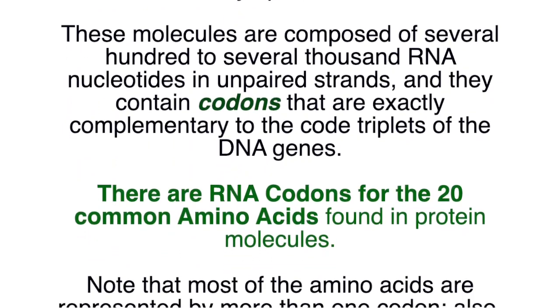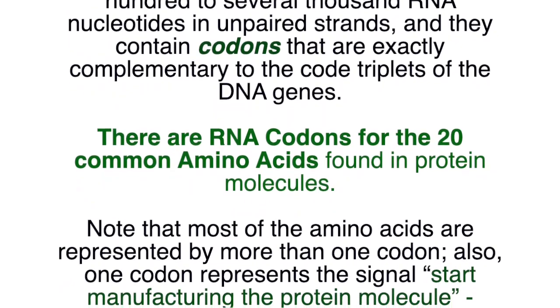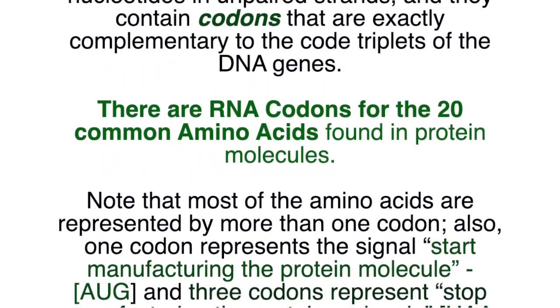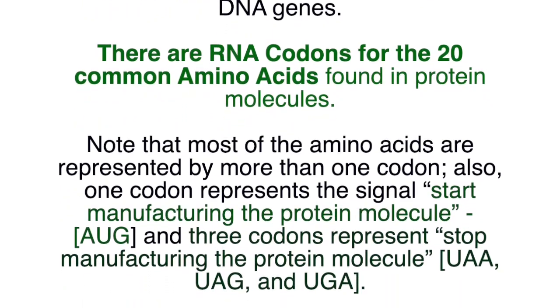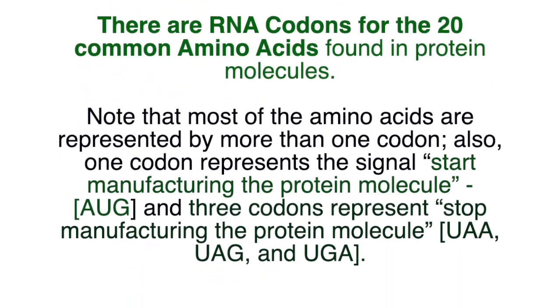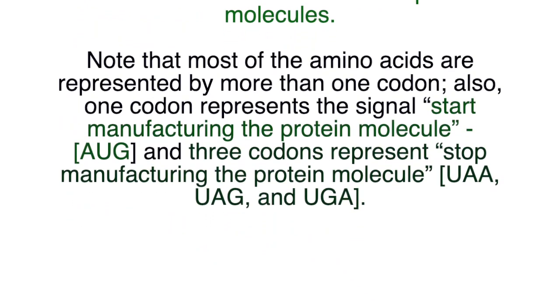There are RNA codons for the 20 common amino acids found in protein molecules. Note that most of the amino acids are represented by more than one codon. Also, one codon represents the signal start manufacturing the protein molecule.